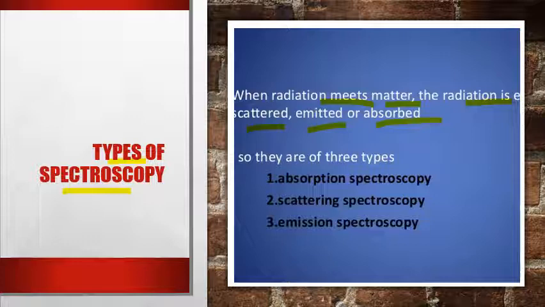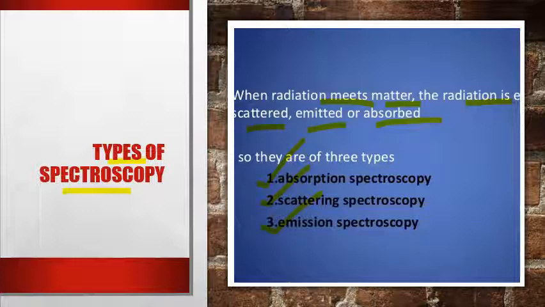One of the important types is absorption spectroscopy, where the light which is absorbed is analyzed. The second one is scattering spectroscopy, and the third one is emission spectroscopy.